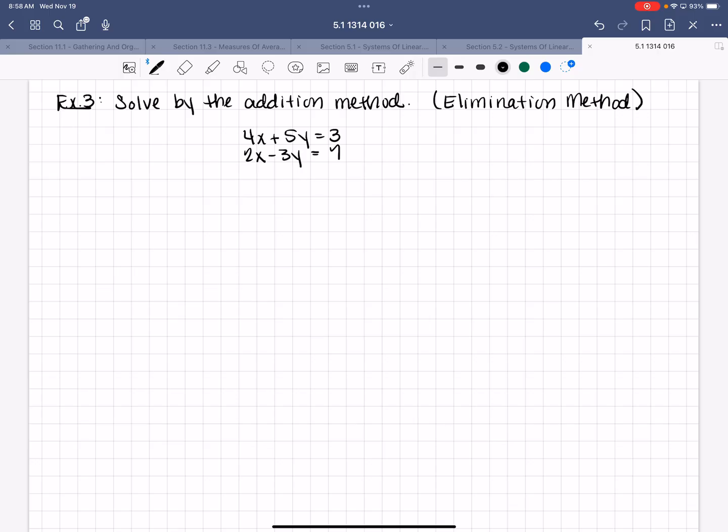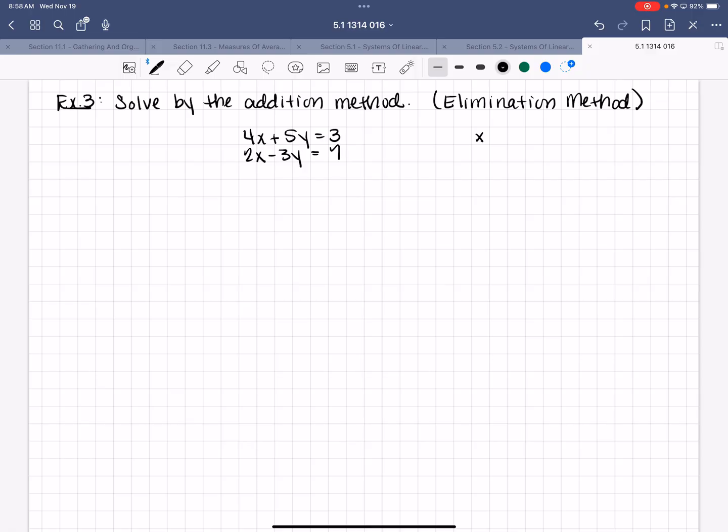Okay, so when we use addition method, your goal is to get either the coefficients of the x's to be opposites, so like a +4 and a -4, or the coefficients of the y's to be opposites, like a +5 and a -5, or a +3 and a -3, or some multiple of that, okay?